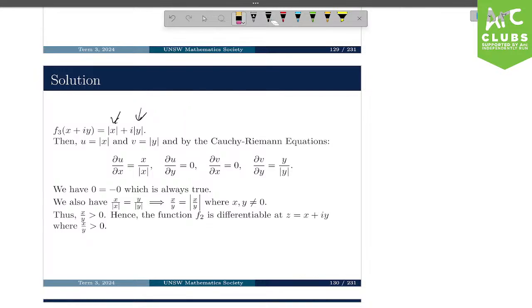But instead, by taking the derivative, we can just divide by its magnitude, and that gives us the direction, which will be either 1 or minus 1. And therefore, we put in our Cauchy-Riemann equations, and it tells us that it's differentiable when x over y is greater than 0.